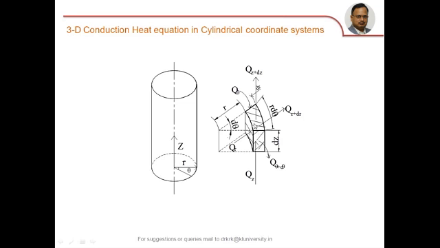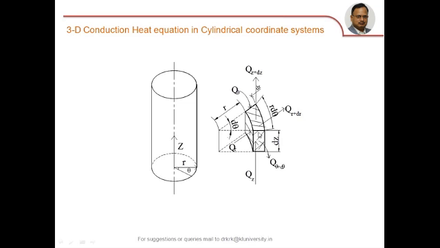And let us assume, as specified in the last class, there could be a chemical reaction going on, or electrical resistance causing some heat generation, or a nuclear fission or fusion reaction going on.